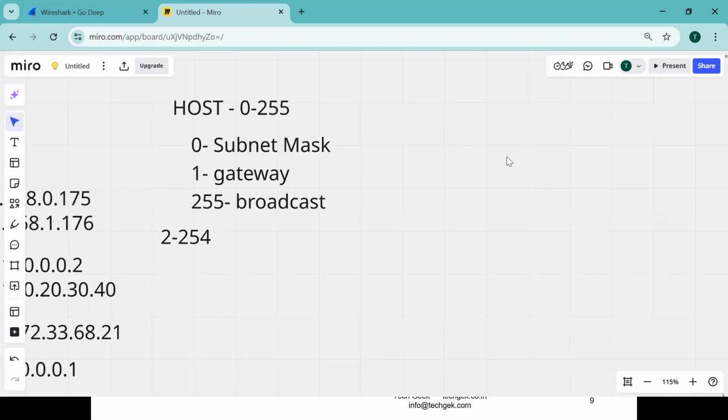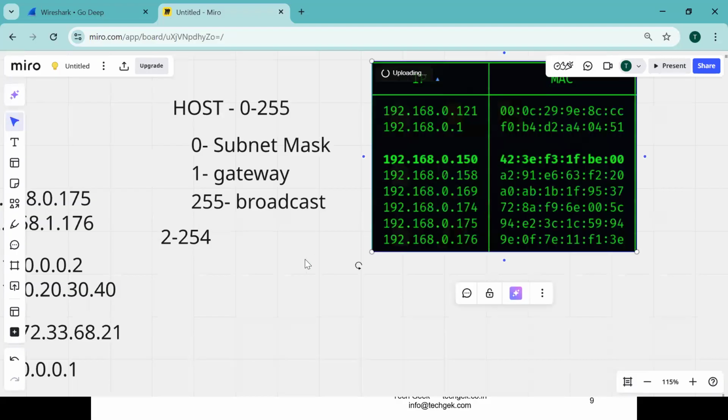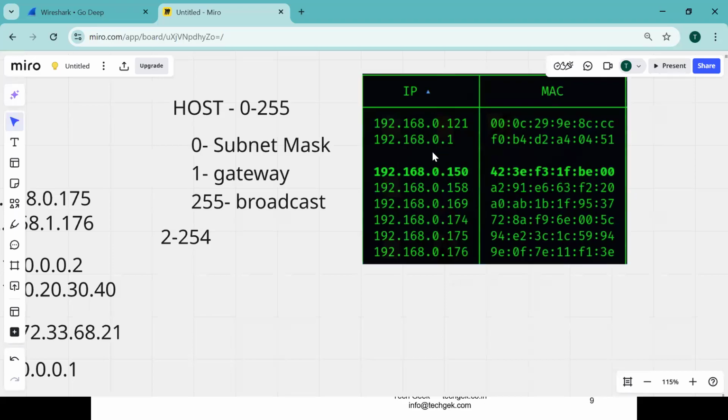Let me explain. Here you can see the IP addresses 192.168.0.121, 0.1, 0.150. These are the hosts and these are the networks.